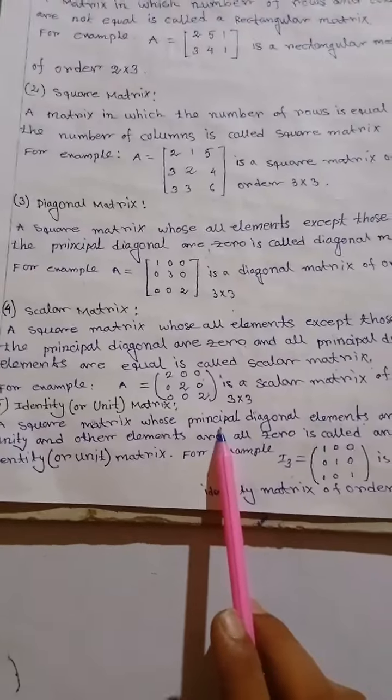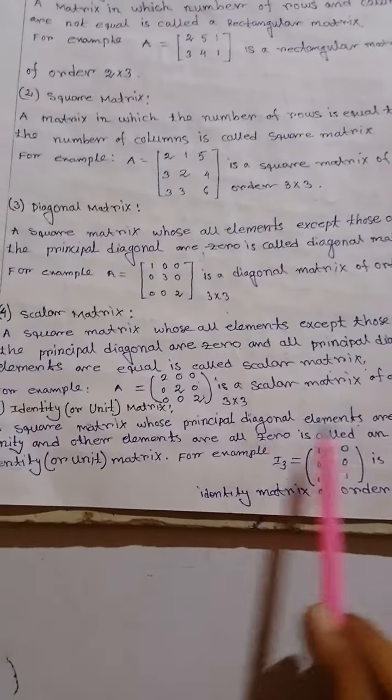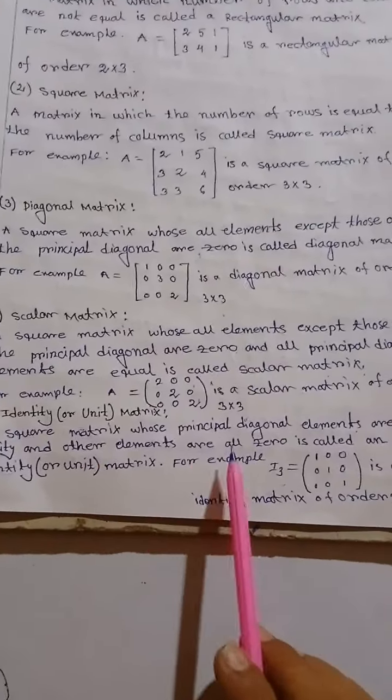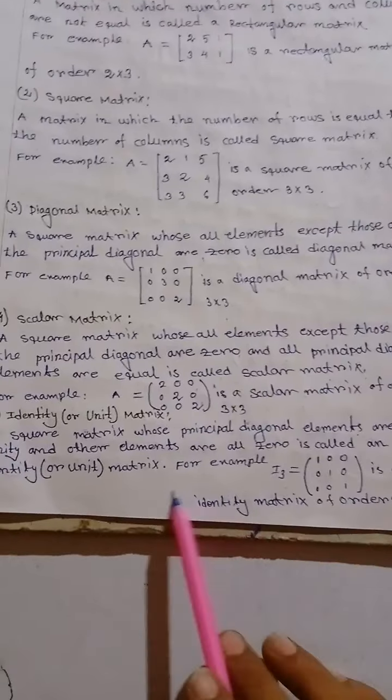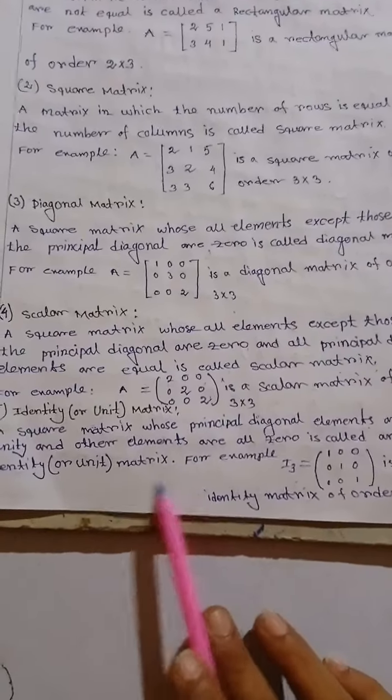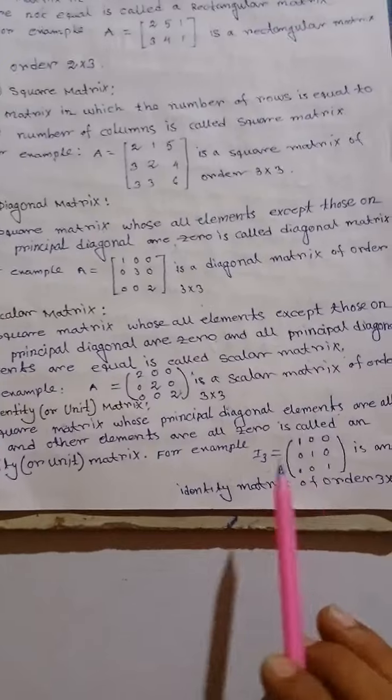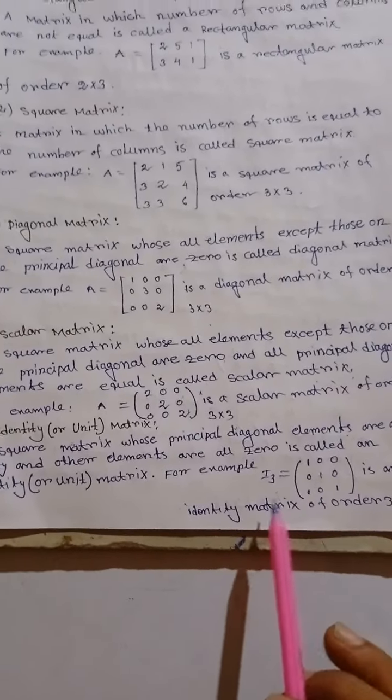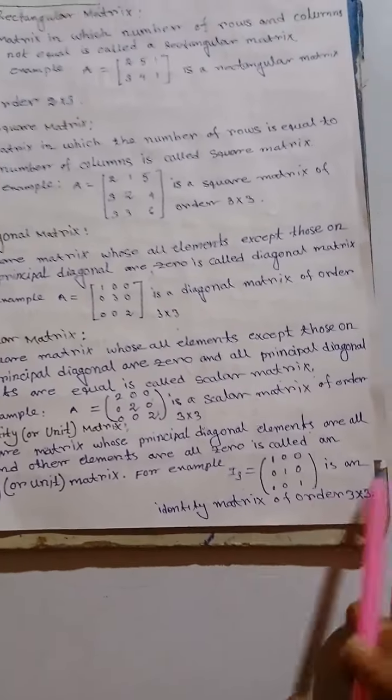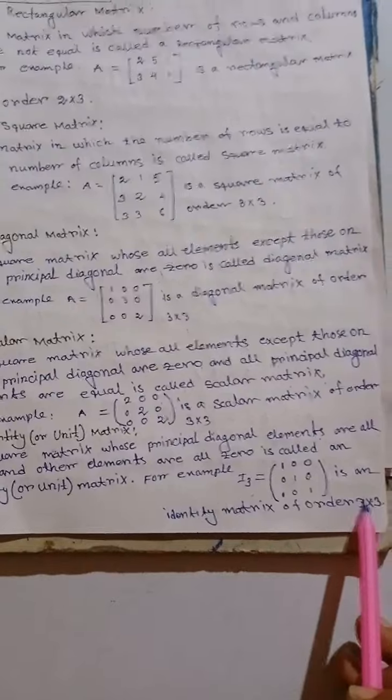A square matrix whose principal diagonal elements are all unity and other elements are all 0 is called a unit matrix or identity matrix. For example, 1 0 0 0 1 0 0 0 1 is an identity matrix of order 3 by 3.